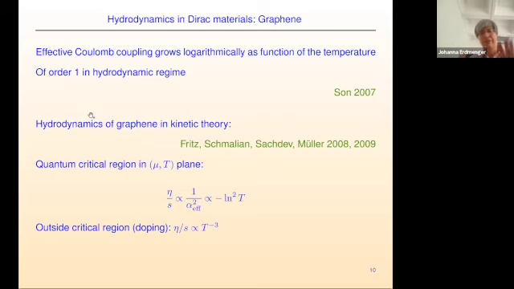This is not so important for what follows. I just wanted to say this has also been investigated by very standard methods, but then it's more in the perturbative regime. The important point is that here the coupling is of order 1, so we can see some effects of strong coupling kicking in, but it's still a bit borderline, and it would be nicer if this coupling is much larger than 1.